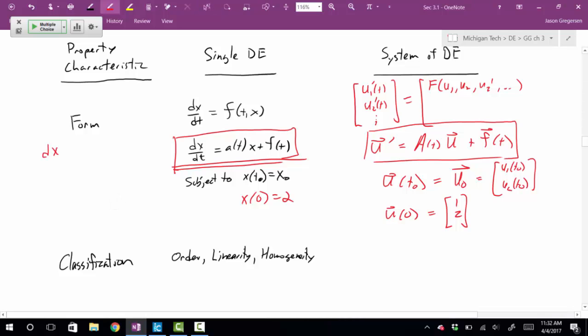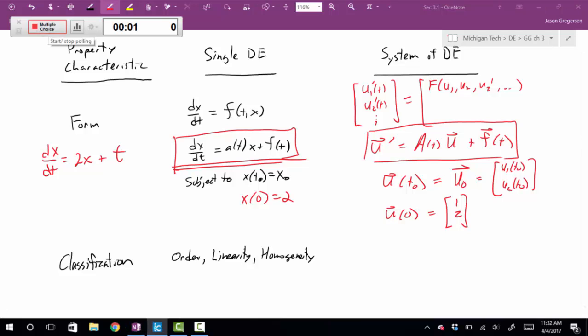Here's an example. dx dt equals 2x plus t. Homogeneous or inhomogeneous?